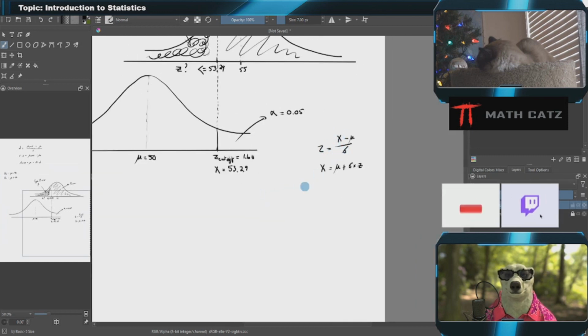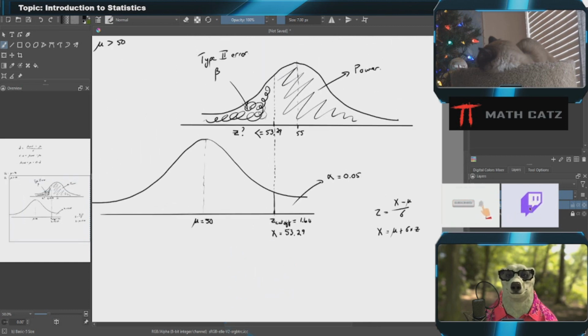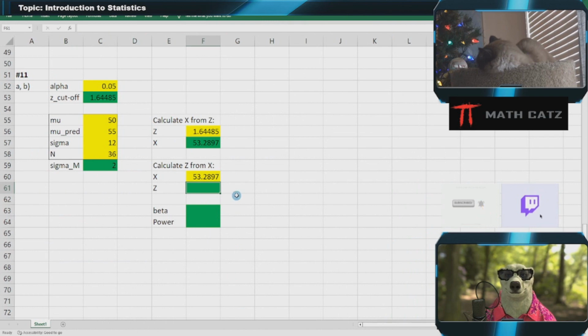So that's the top one now that I'm going to use. So let's put that in. It is the raw score minus the mean for that distribution, 55, divided by the same sigma m for the distribution of means, which these are.